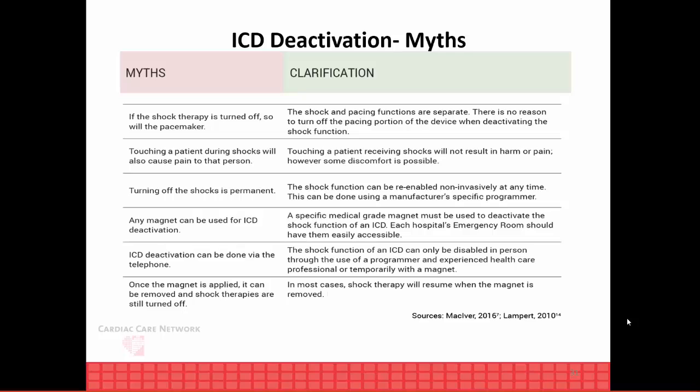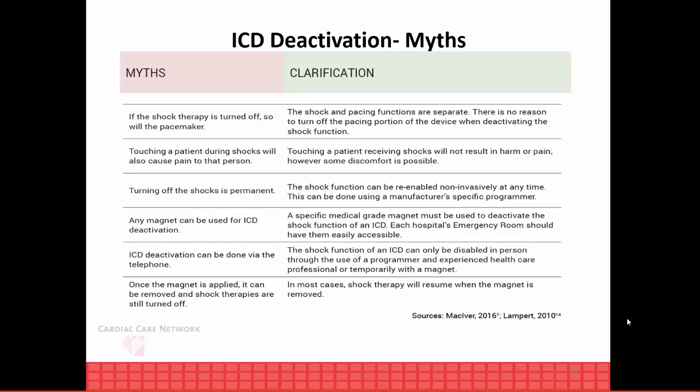So just because we turn off the shocks, this is not permanent. It can be turned back on simply, non-invasively, just like we turned it off, we can turn it back on. So that decision, if the patient improves, it can be done. The medical grade magnet is required to turn off the device. It can't be any magnet.